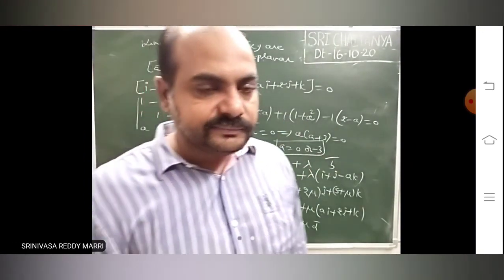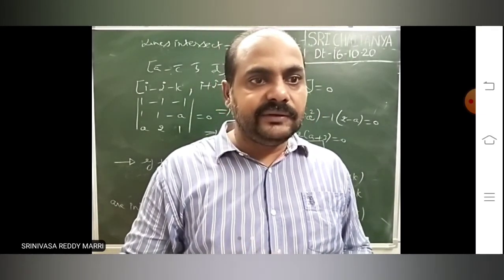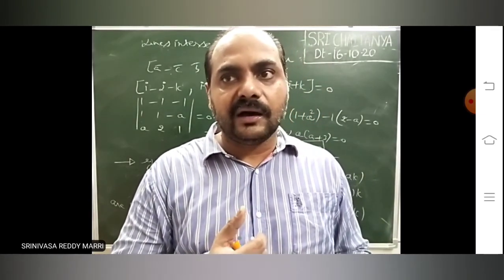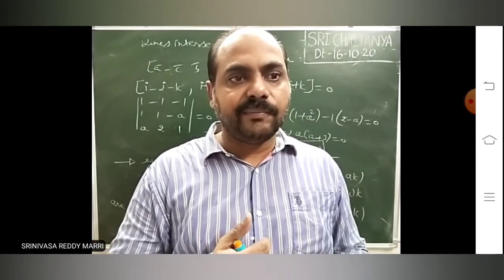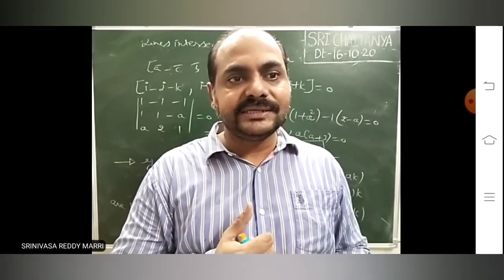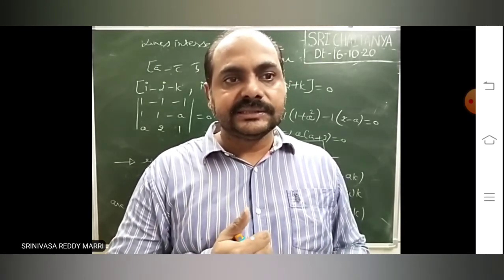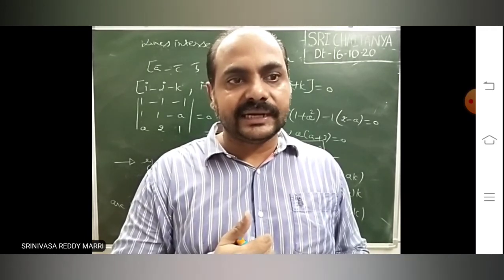So the first model is he will give the lines and he will ask whether they are coplanar or non-coplanar or skew. Find the box of (a bar minus c bar, b bar, d bar). If that is 0, lines are coplanar. That means they can be parallel or intersecting.